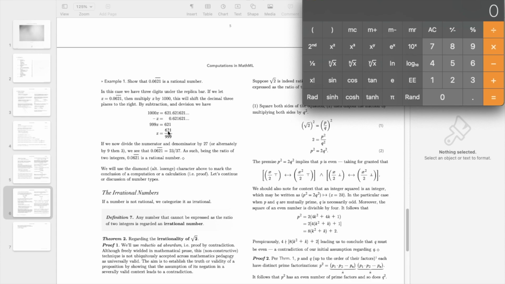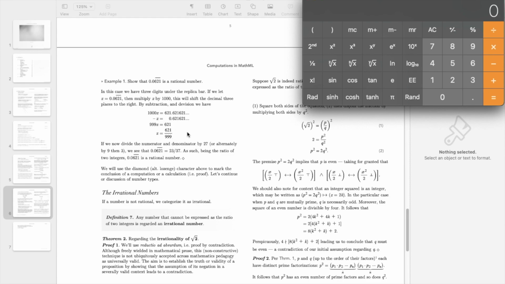Right? 6 plus 2 is 8, plus 1 is 9. 9 is divisible by 3, so 621 is divisible by 3. And it's obvious that 999 is divisible by 3. But if that's not obvious, same deal. 9 plus 9 is 18, plus 9 is 27, which of course is divisible by 3.